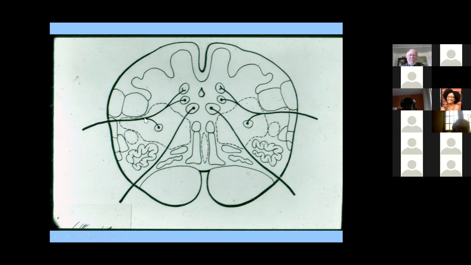So there is the 11th cranial nerve. Now notice where the 11th cranial nerve is located. Is it located right around the periventricular gray? And the answer is no. It's located out here in what we used to call the intermediate zone of the spinal cord.